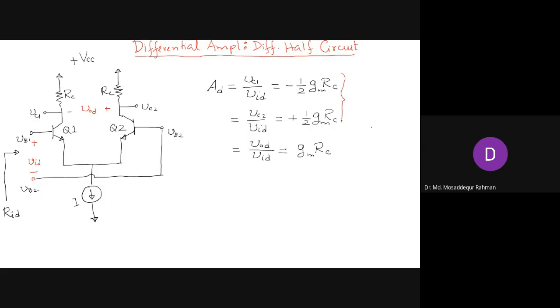So these ones we call the differential gain for single ended output.